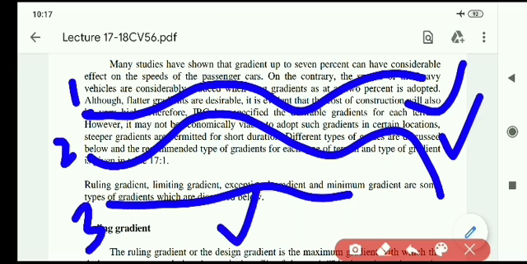We can tell this as plain, this as hilly, this as steep. 3 is plain, 1 is hilly, 2 is steep. This is plain, so gradually the grade value increases from 3, 1, 2. 2 is the ultimate, steep terrain.